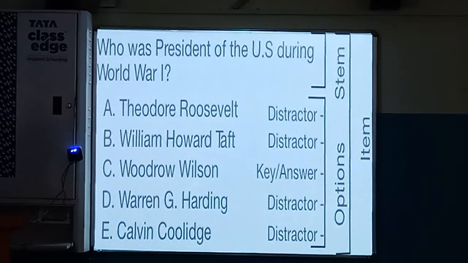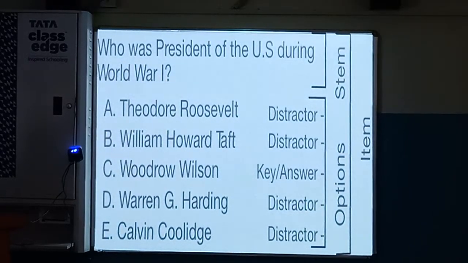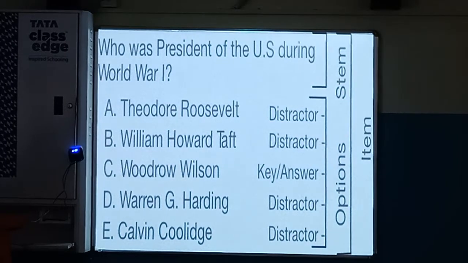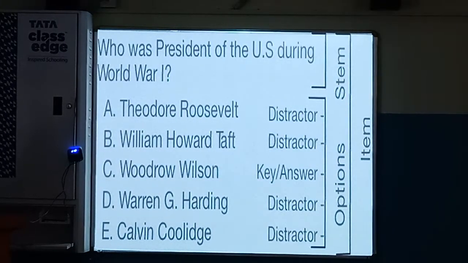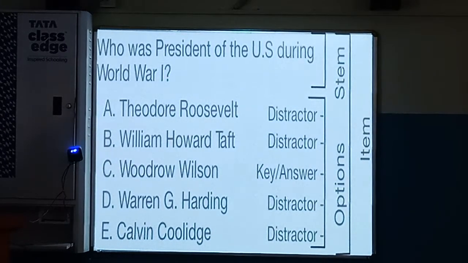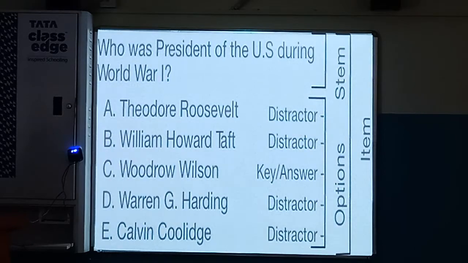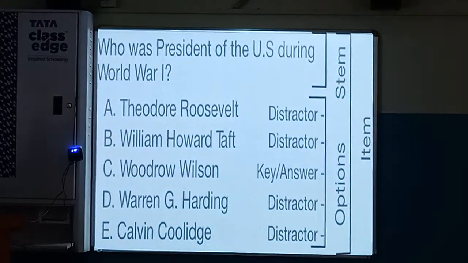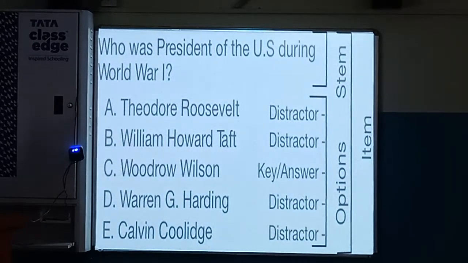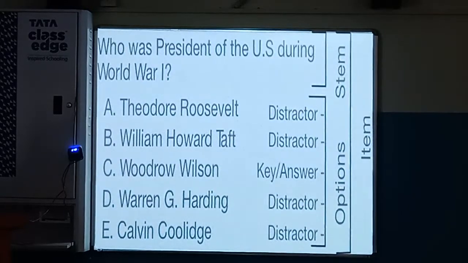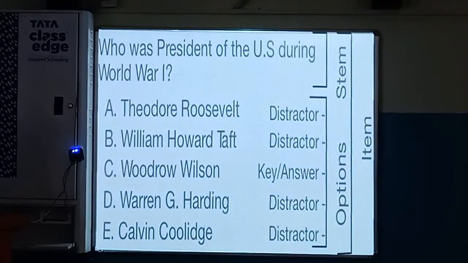And A, B, C, D, E are the options: Theodore Roosevelt, William Howard Taft, Woodrow Wilson, Warren G. Harding, Calvin Coolidge. The correct answer is Woodrow Wilson, so that is known as the key. The rest, A, B, D, and E, are the incorrect options, so they are known as distractors. And this whole complete question is known as an item.